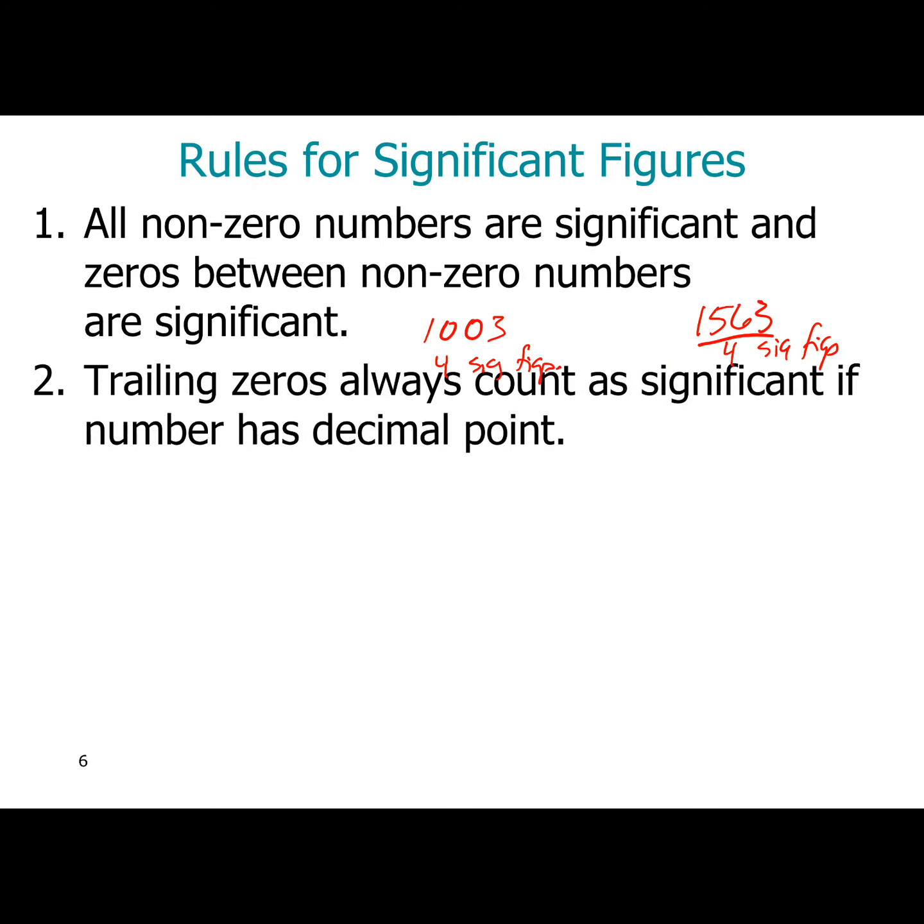That one's pretty straightforward. Next one: trailing zeros always count as significant if a number has a decimal point. Trailing zeros are often challenging to know what to do with, but they are always significant if they come after the decimal point. So let's say we have a measurement that's 1.300.